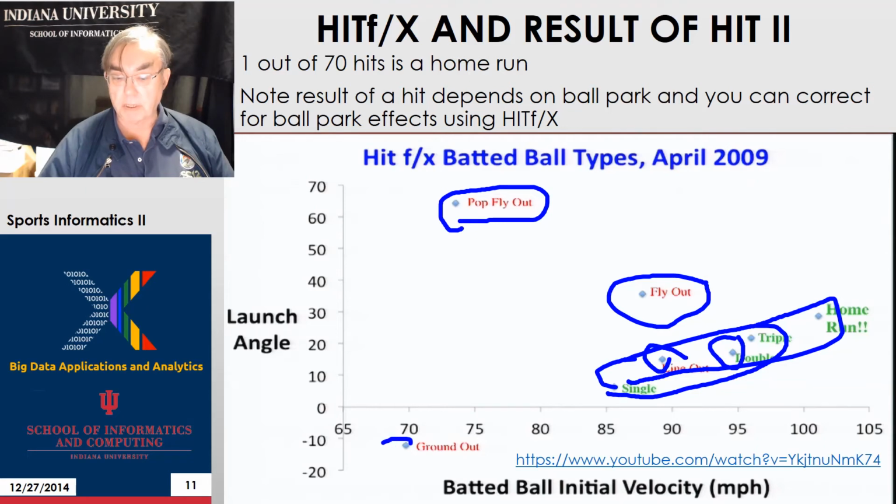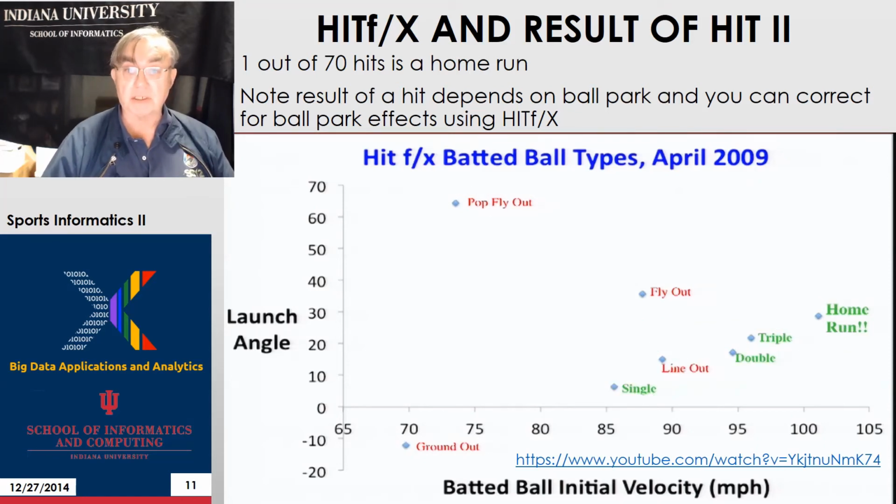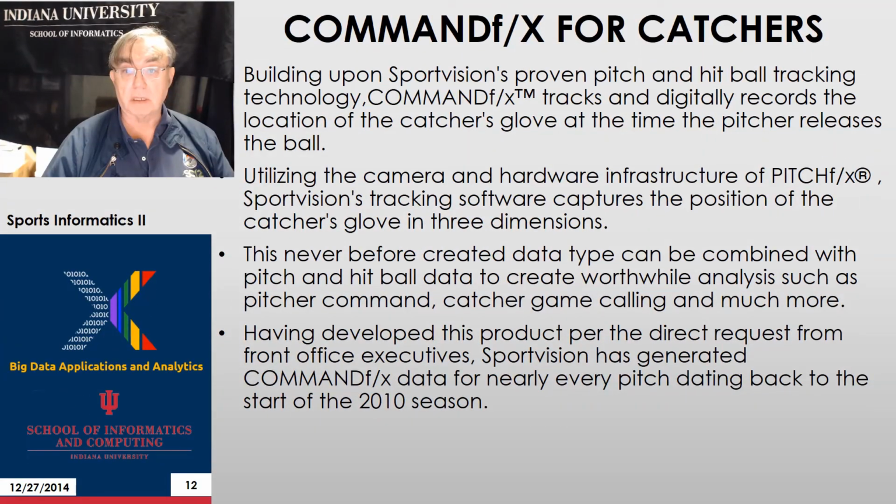Here, of course, we have the ones with very negative launch angles. They just go straight to the ground and are ground outs, easy outs. Okay, so that shows how we can get a very precise measure of the quality of a hit and the nature of the hit.